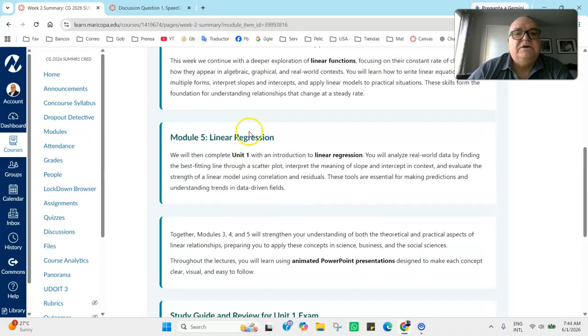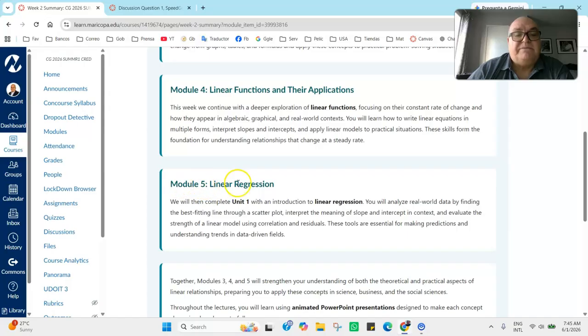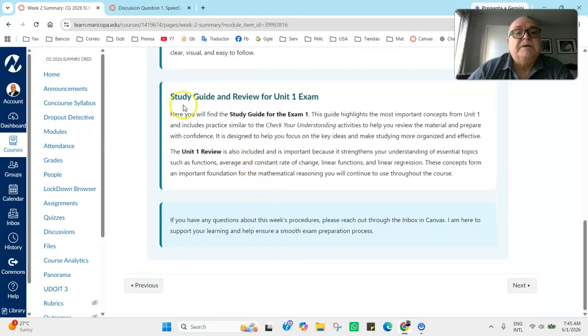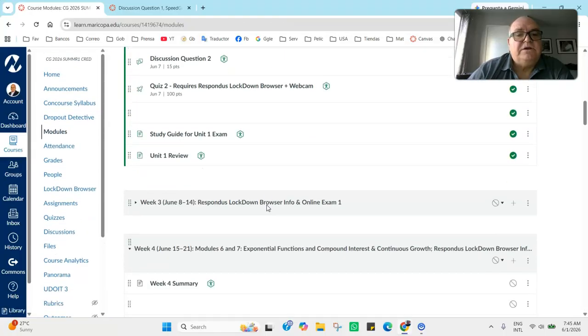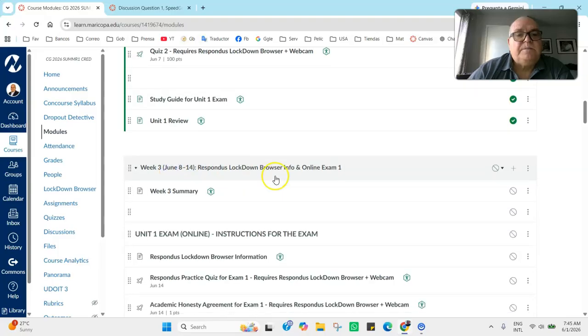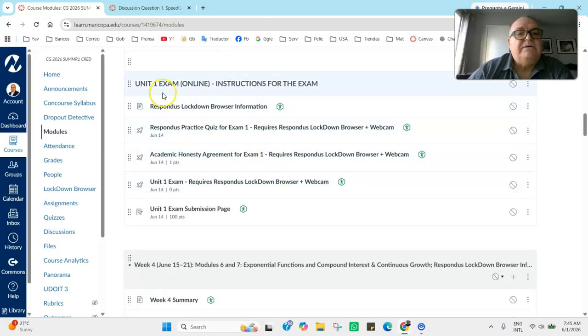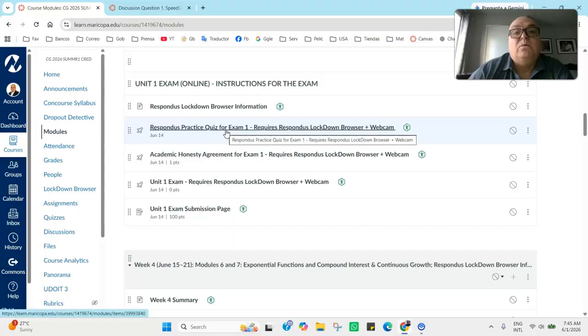When we finish with Module 5 this week with linear regression, I'm going to leave here the study guide and review for Unit 1 exam, because next week we're going to have the exam number 1. You're going to have the whole week to answer your Unit 1 exam.